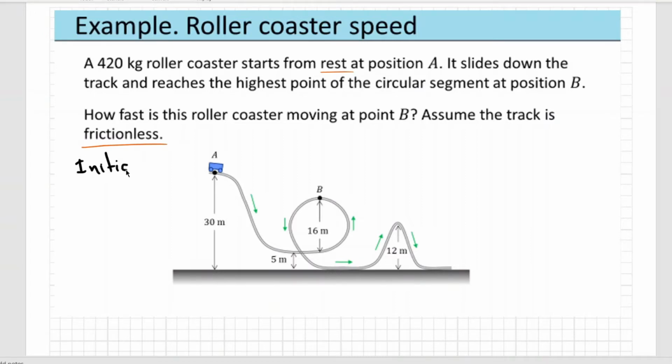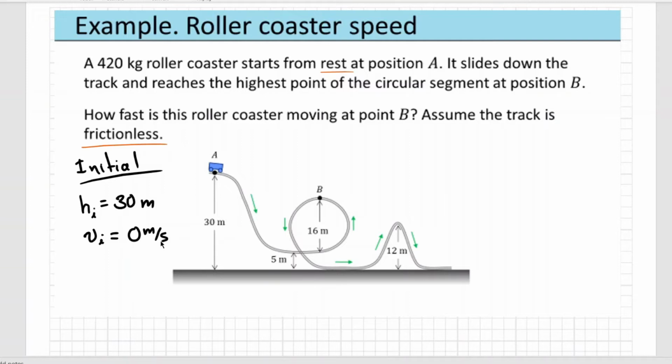So initial quantities that we know are the height of the car. We know the car starts from rest, so the initial velocity should be 0.